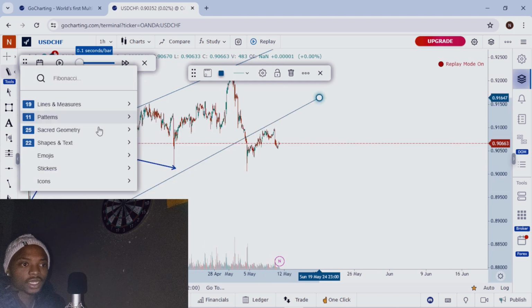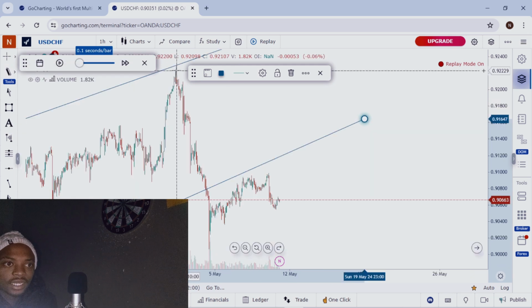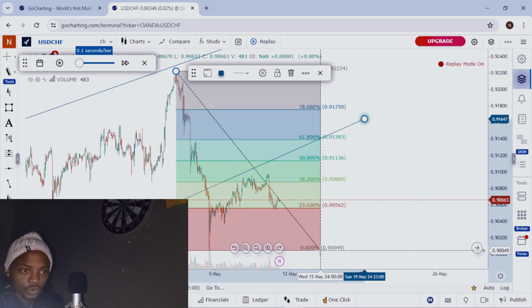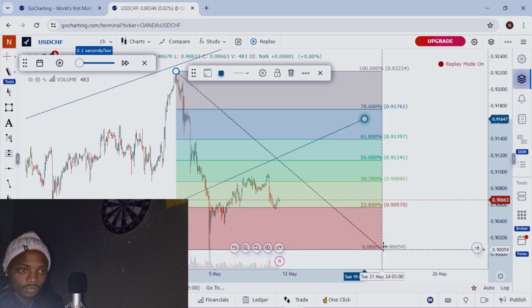So we're just going to go ahead and grab our Fibonacci retracement tool, and we're going to basically take it from where our impulse move started to this low that you see right here, right?